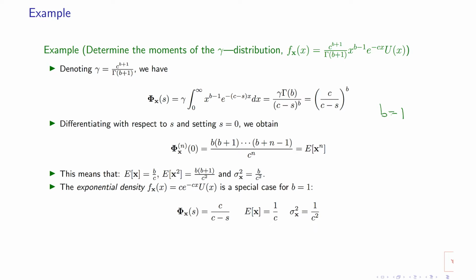This becomes the exponential distribution, and in that case this simplifies to this one, and the mean is given by that and the variance is given. Remember that for the gamma distribution, b doesn't need to be an integer, doesn't even need to be bigger than 1. It could be 1/2 or so on, which in many applications happens.